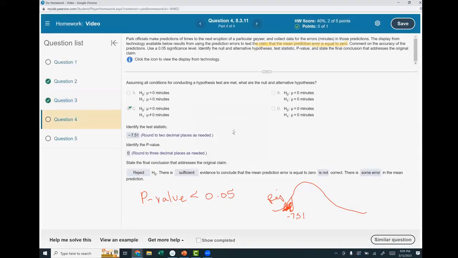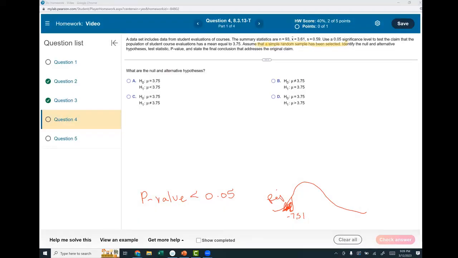Erase. A data set includes data from student evaluations of courses. The summary statistics are, so they're giving us all the summary statistics. We want to use a significance level of 0.05 to test the claim.